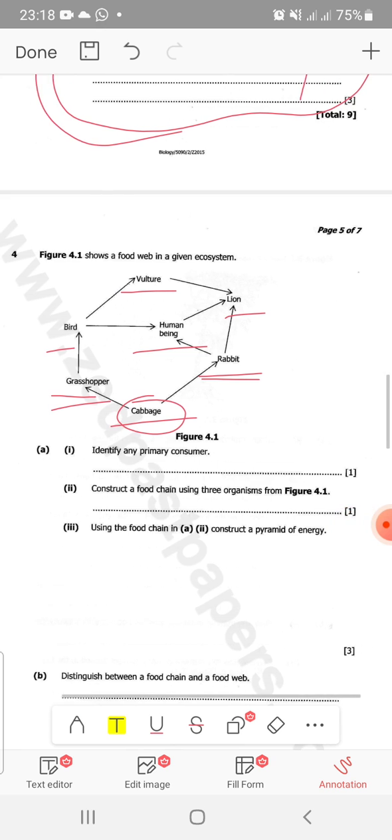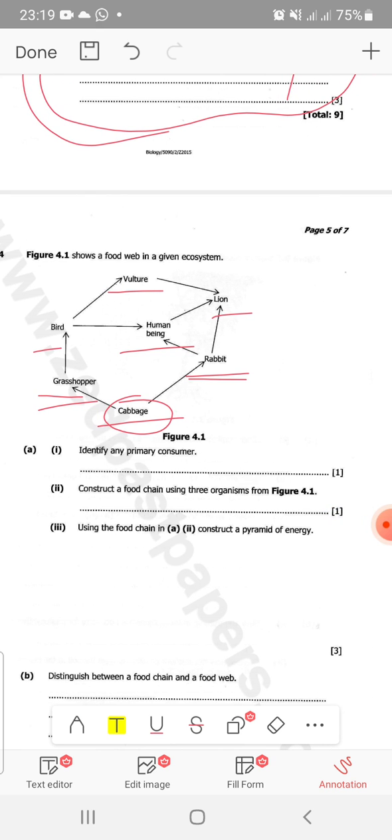Then if you look at Roman number 2, construct a food chain using 3 organisms from figure 4.1. The food chain must always start with a plant.